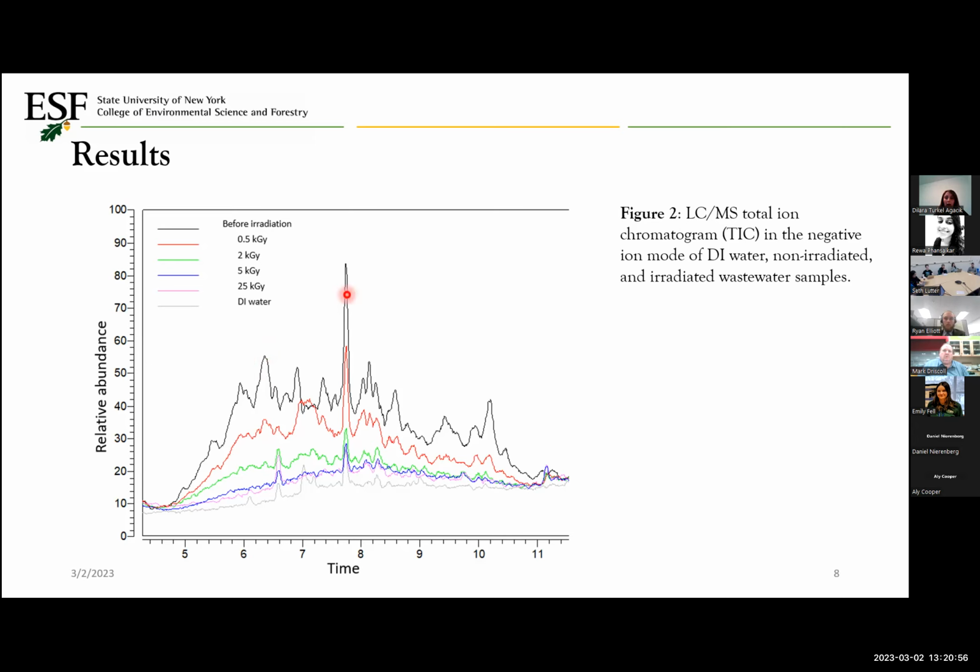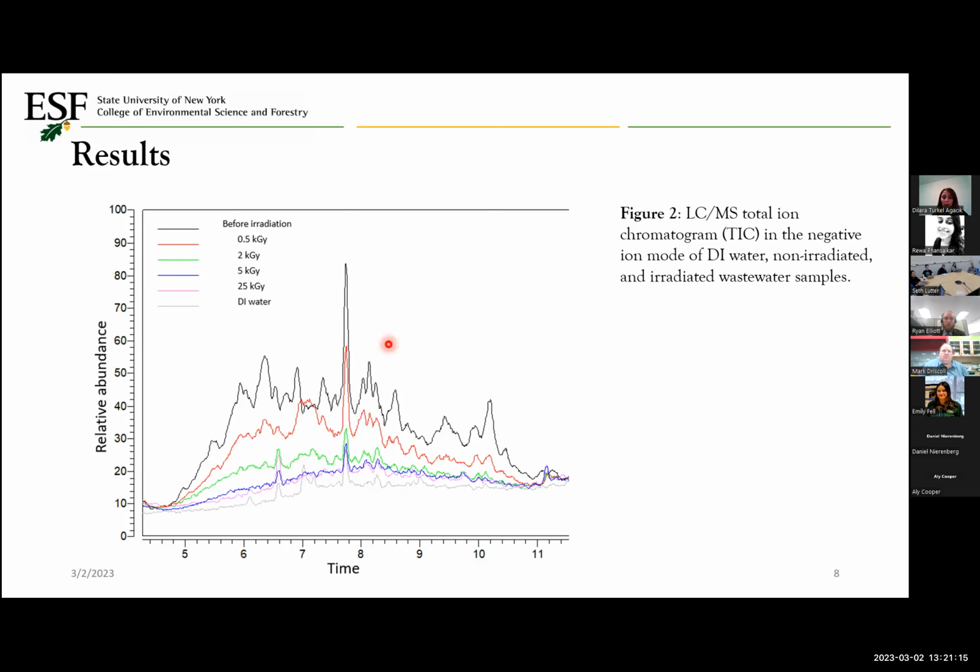It has the highest amount of ions. That's why it has the highest area under the peak in comparison to the other peaks, which are shown by red, green, purple, and pink.